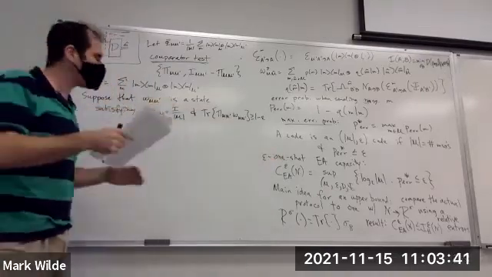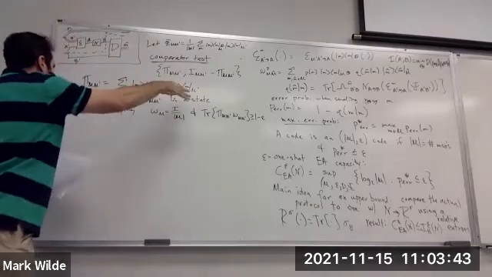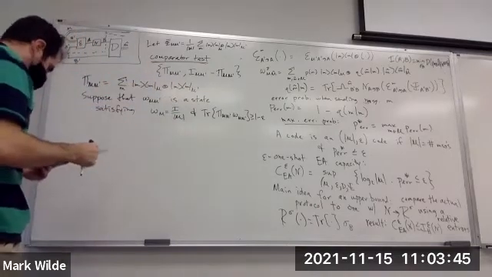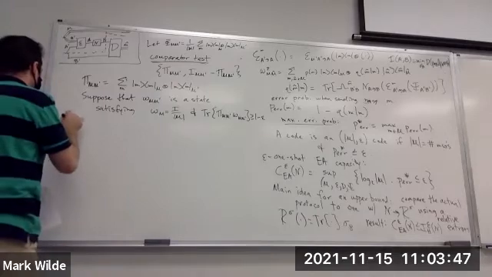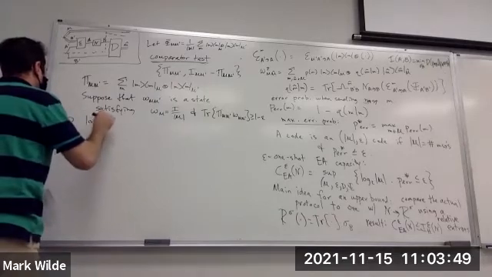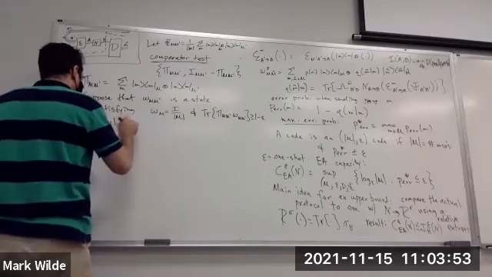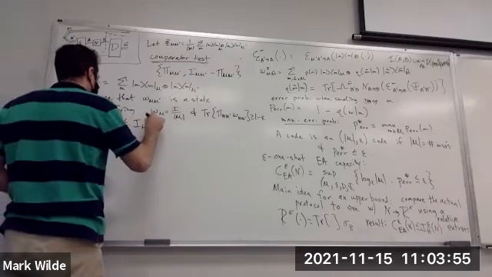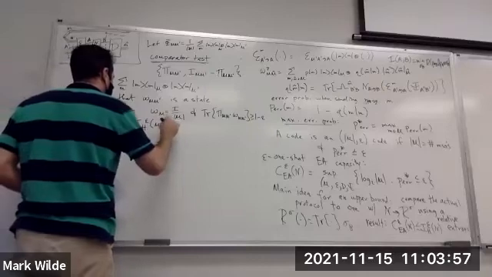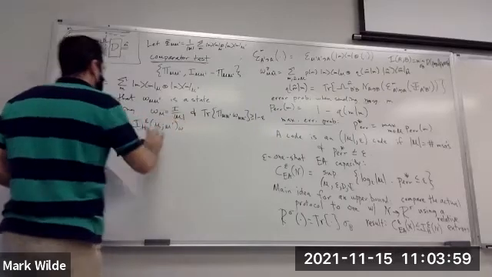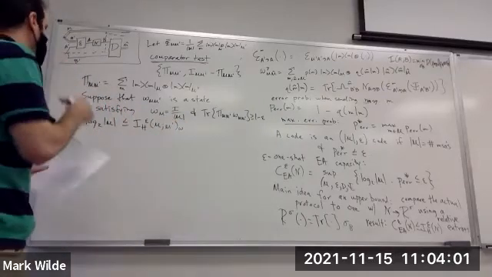Okay, so the lemma states that if you have all these things, then the number of messages you can send is no larger than the hypothesis testing mutual information between M and M prime of the state omega.